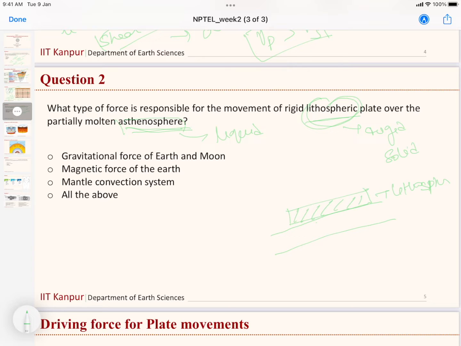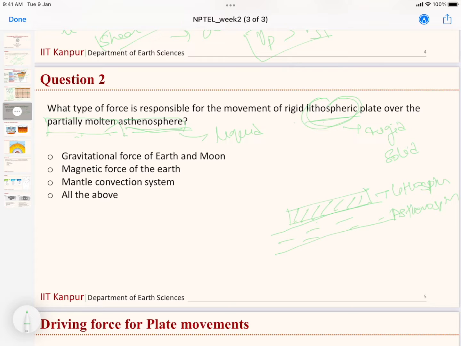This water would be my asthenosphere. Now what they are asking in this question is what type of force is responsible for the movement of the rigid lithospheric plate over the partially molten layer. From here also you can understand that the asthenosphere is in a partially molten state.